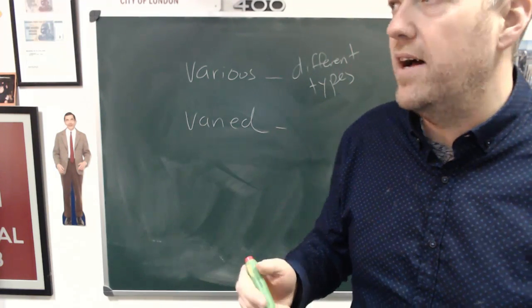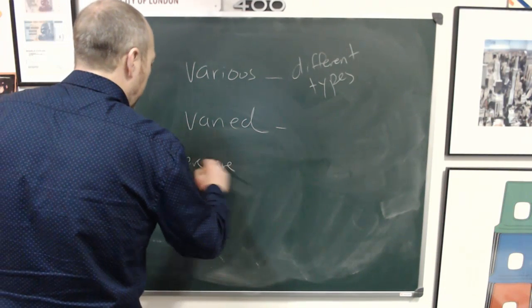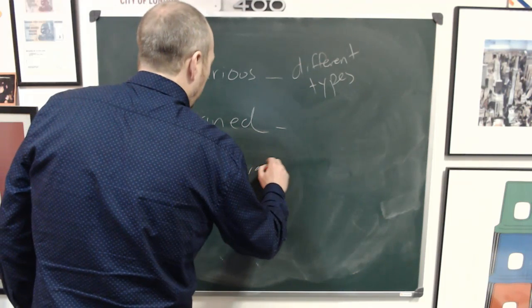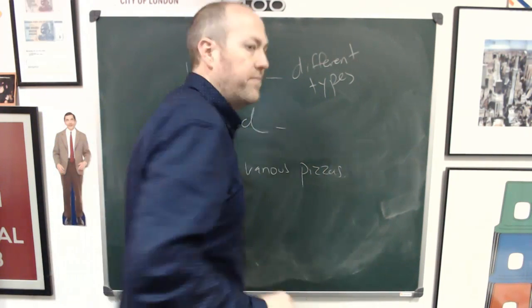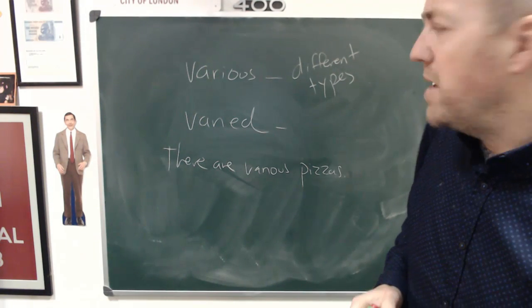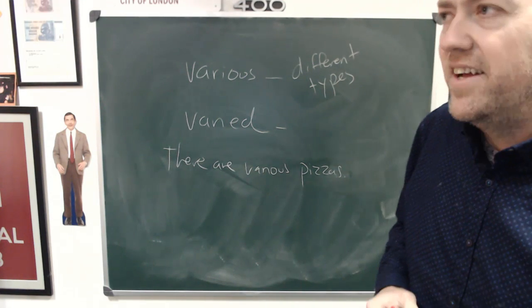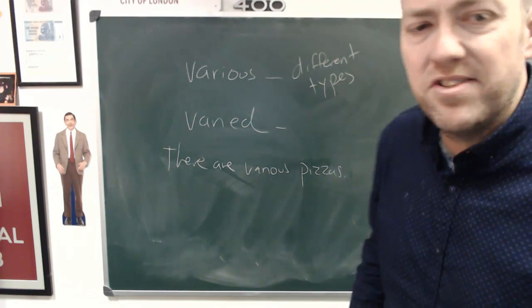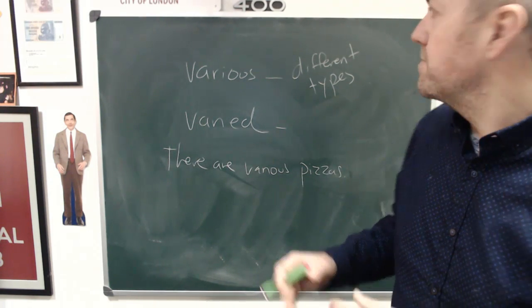For example, there are various pizzas. Maybe a bolognese pizza and a barbecue pizza. There are various pizzas, okay?